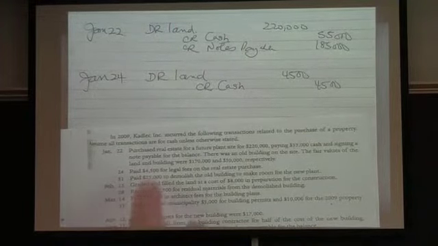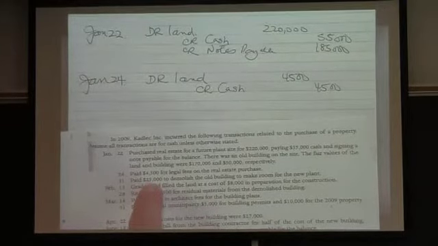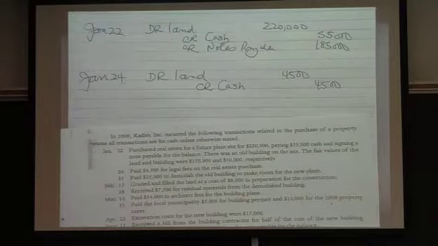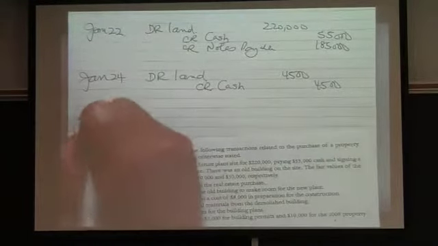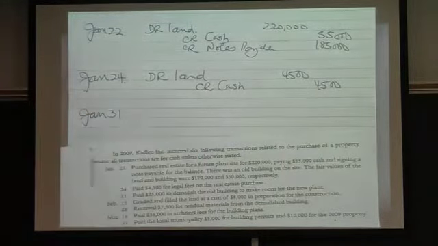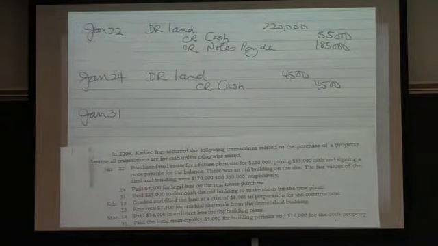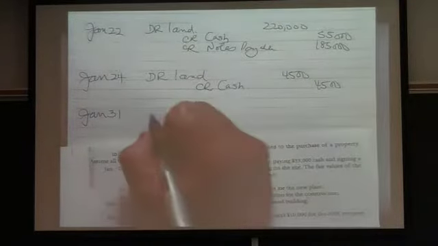Now, what do we do with this demolition cost? Well, clearly we can't include it in the building because there's no more building. So we're going to include it as part of the cost of the land. Why? Because any cost associated with getting the land ready for its intended use, which is to build a future plant site, all goes to cost of the land.